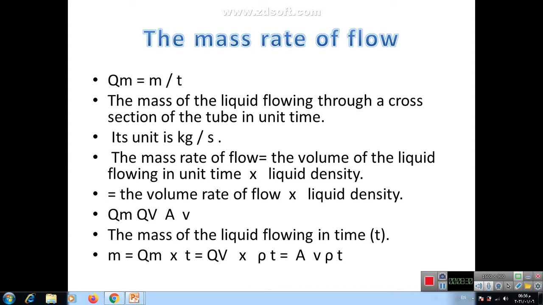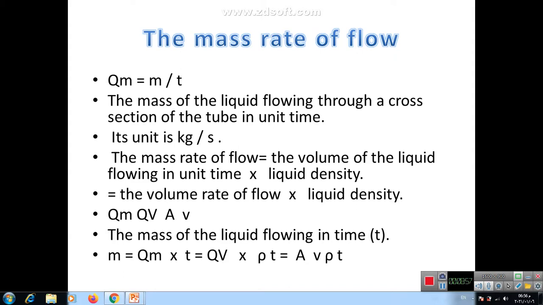Note that the density is the mass of a unit volume of the material. Rho equals m over volume. The density is measured in kilogram over cubic meter, and the density of any material is constant at a fixed temperature, so it's considered a characteristic property for the material.